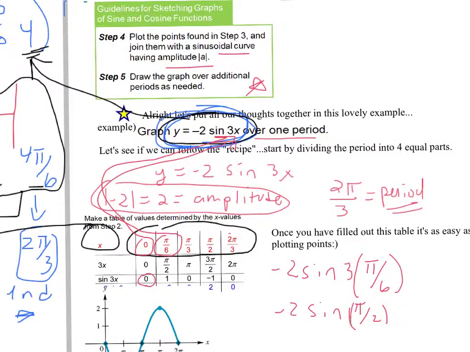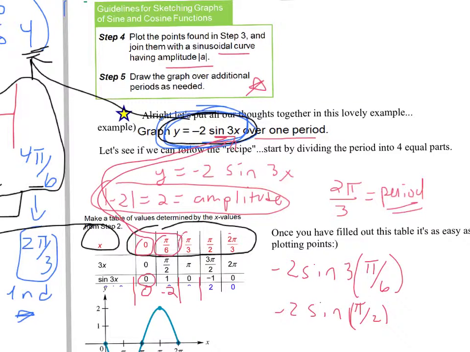But sine of pi halves is 1, and 1 times -2 is -2. Oh, I'm seeing here that the bottom part of the table got cut off. This should be -2. This part cut off is still 0. But I'll fill it in with you.